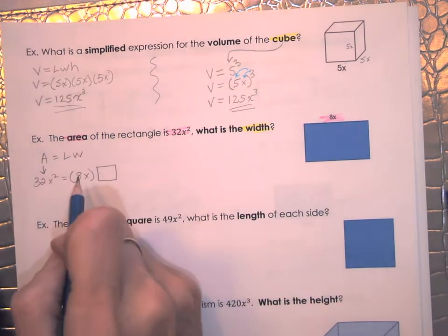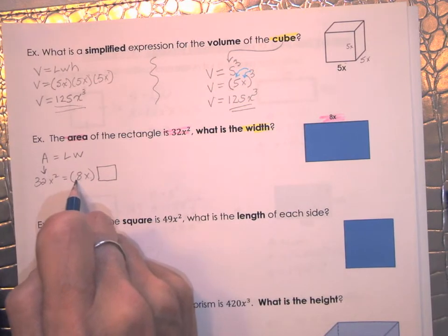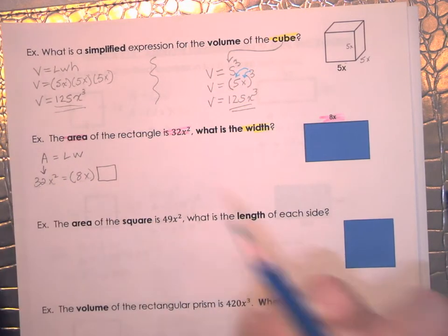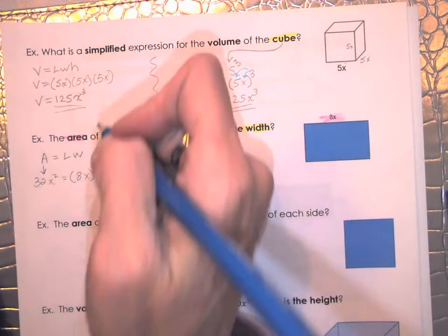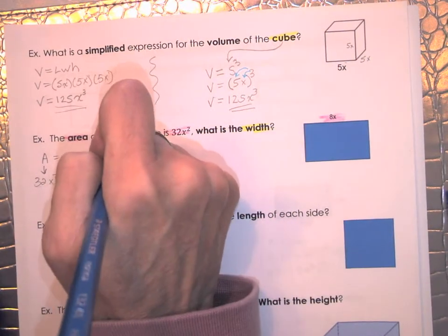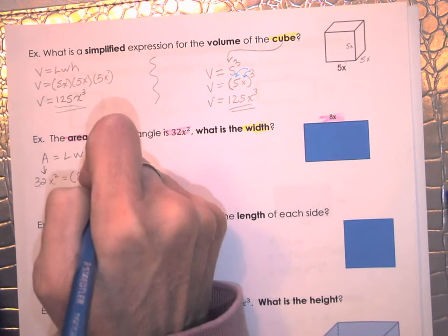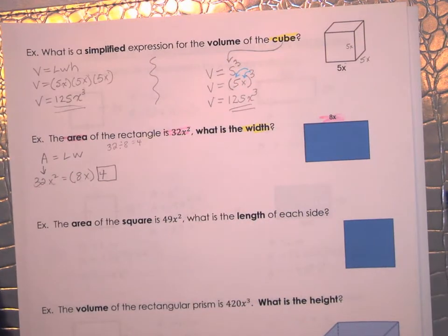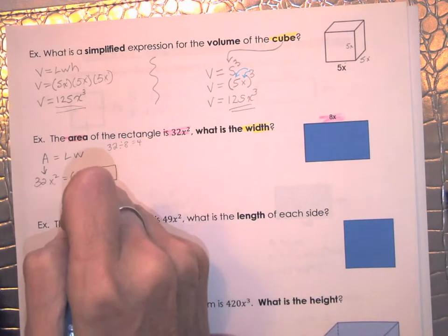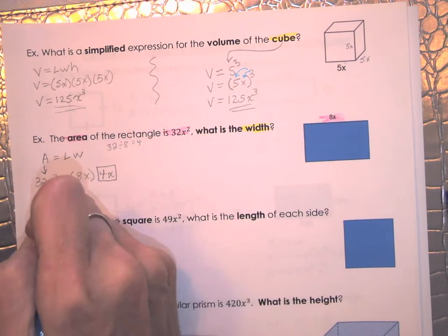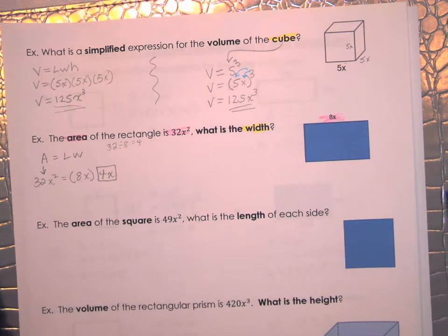So I have to ask myself, what do I have to multiply 8x by to get 32x squared? So I could think, all right, 32 divided by 8 is 4, so there must be a 4 in the box for the width. And x times x is what gives you the x squared. Okay, so that way of thinking is fine.